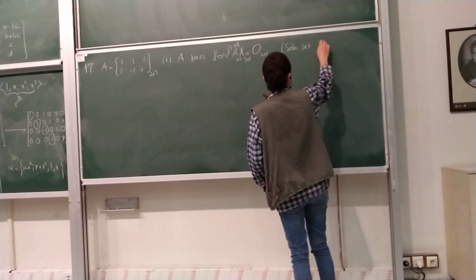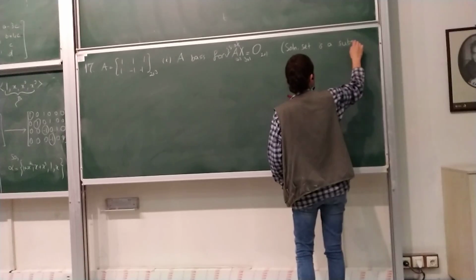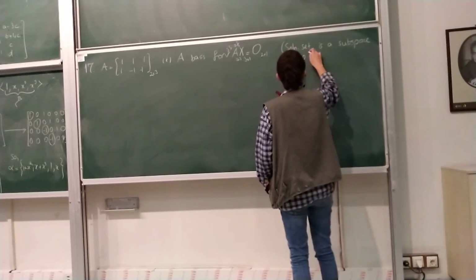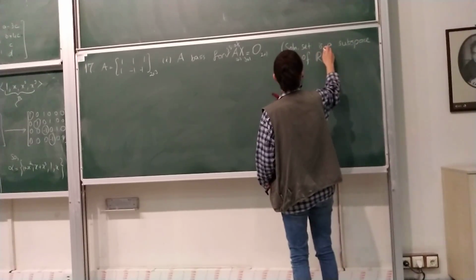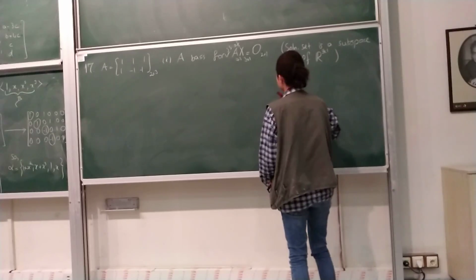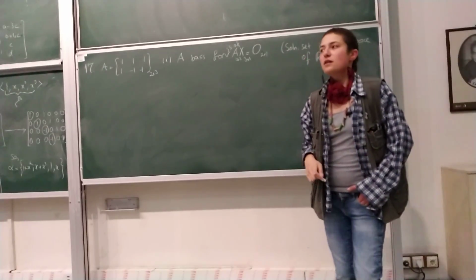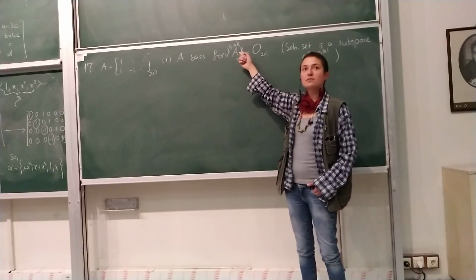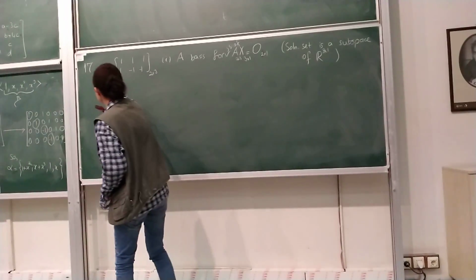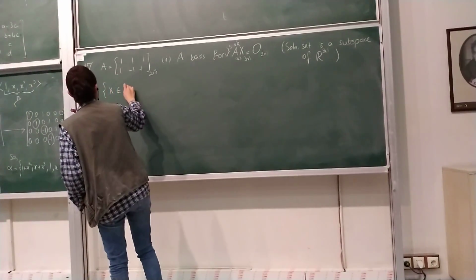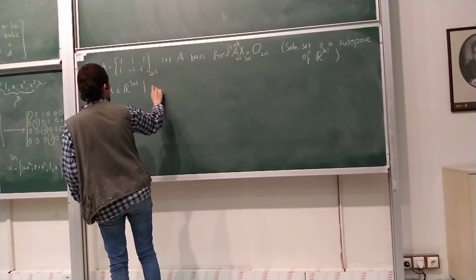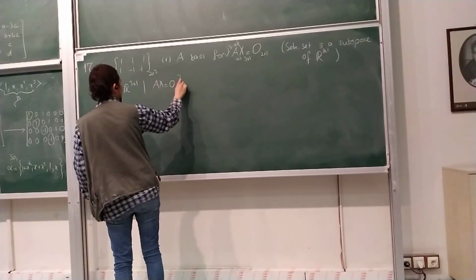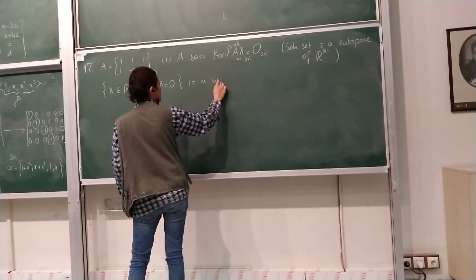The solution set is a subspace of the vector space of matrices of dimension 3 by 1. 3'e 1 matrisler içinde bunu çözen şeyler diye tanımladığımız şey. So the set of X in R^(3 by 1) where AX equals 0 is a subspace.